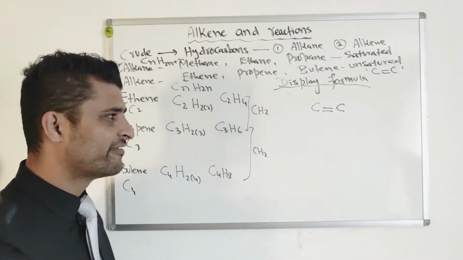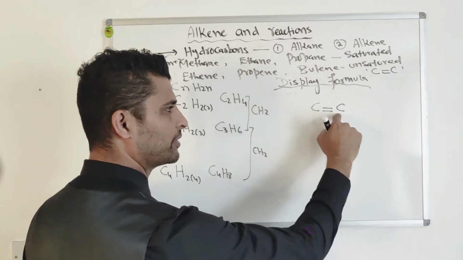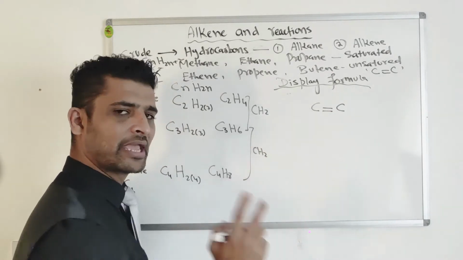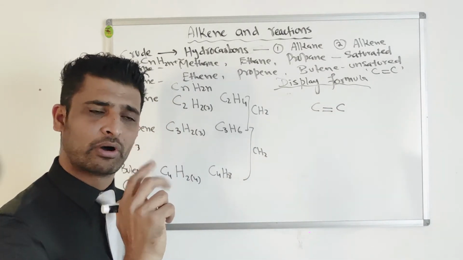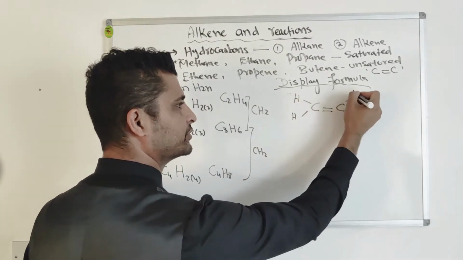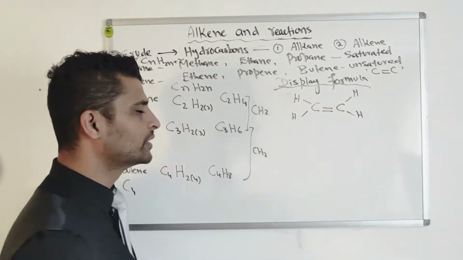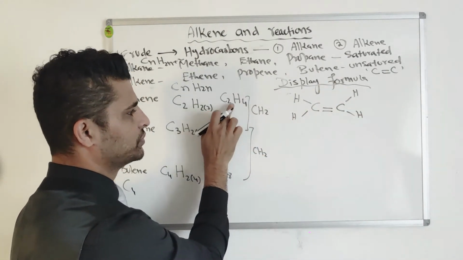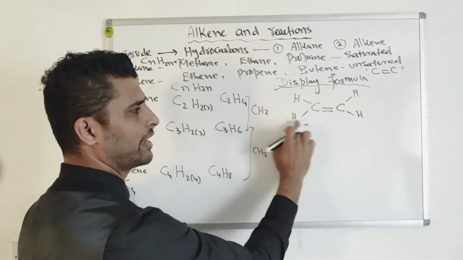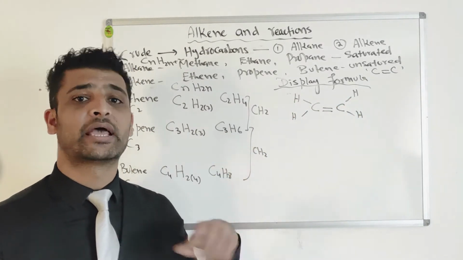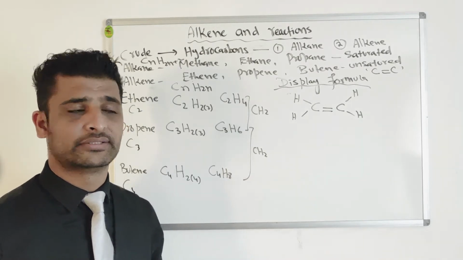Now carbon can have 4 bonds, so each of the carbons already has 2 bonds. That means both of them can have another 2 bonds each, and those bonds are going to be with the hydrogen. Now automatically you will see the formula is C2H4. That means alkenes have 2 fewer hydrogens as compared to alkanes.